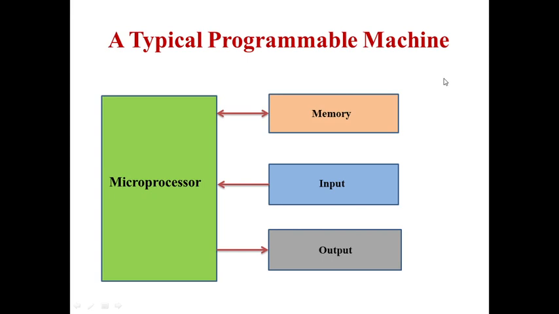This is the group of instructions which we will have to provide sequentially. This group of instructions, or a set of instructions which are sequentially arranged, is called a program, right? And a set of programs, a group of programs, is called software. Understood? So this is the typical programmable machine.